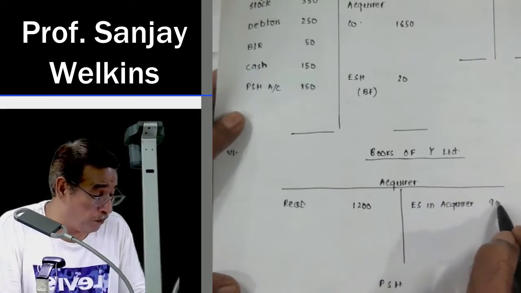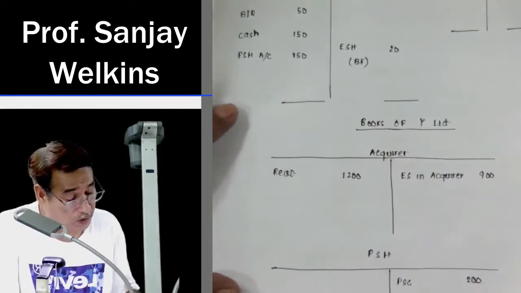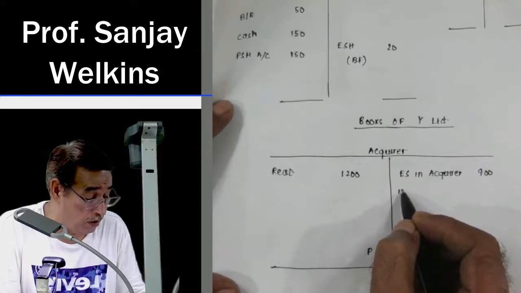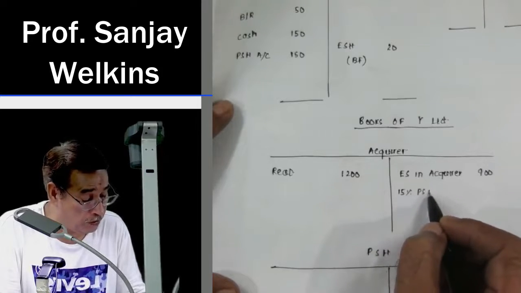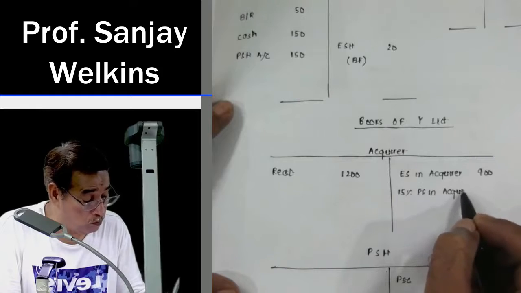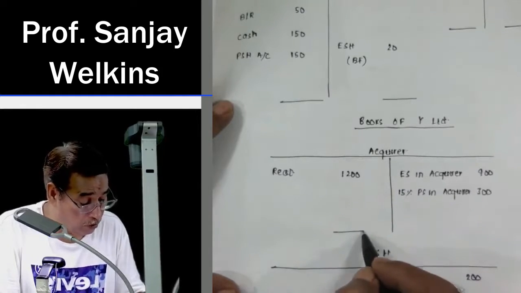If you remember, payment to equity shareholders is 900, and to preference shareholders 15% preference shares were offered, 15% preference shares in acquirer 300. So this account will get closed.